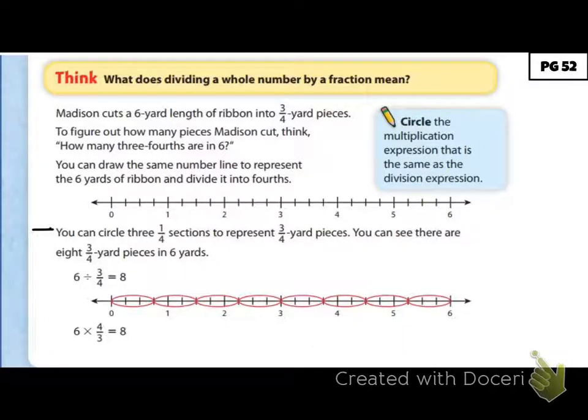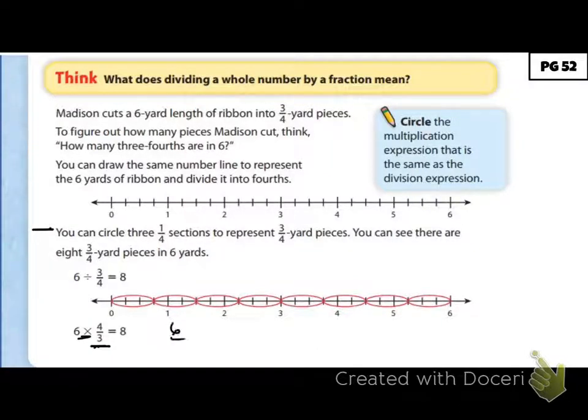So if we have 6 divided by 3/4, look what they did down here. This is the thing I really want you to understand. If you have 6 divided by 3/4, it's the same as 6 times the reciprocal, which is 4/3, and then you just multiply straight across.